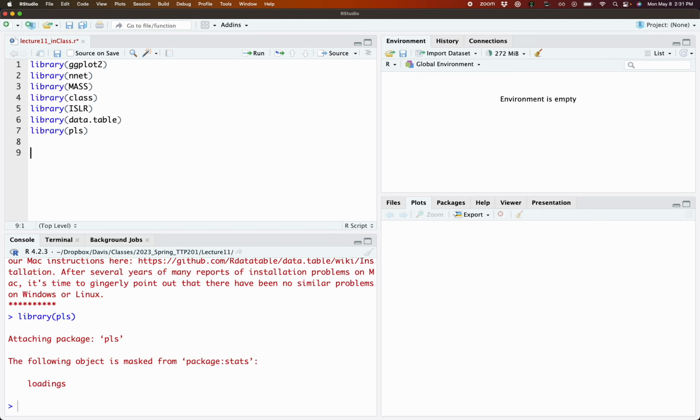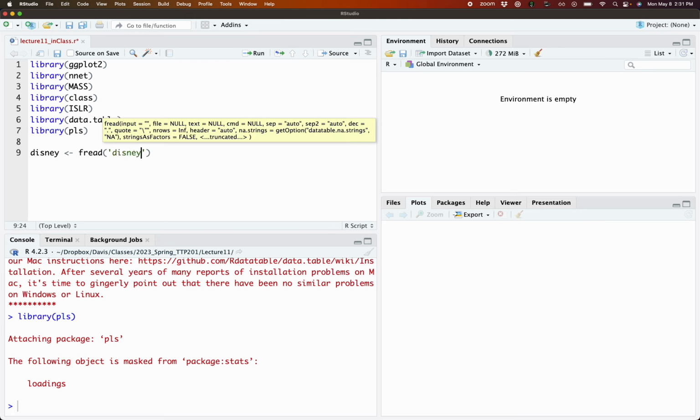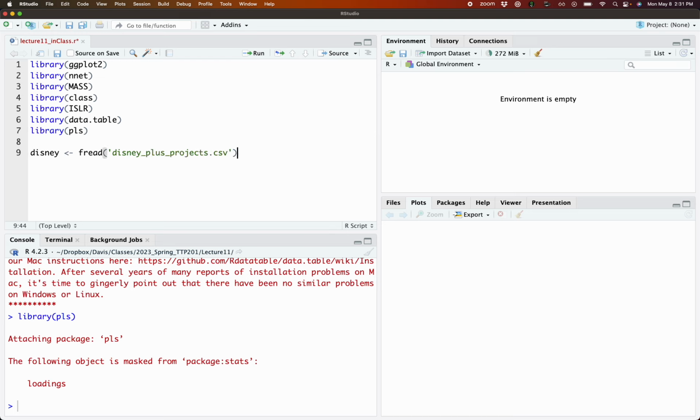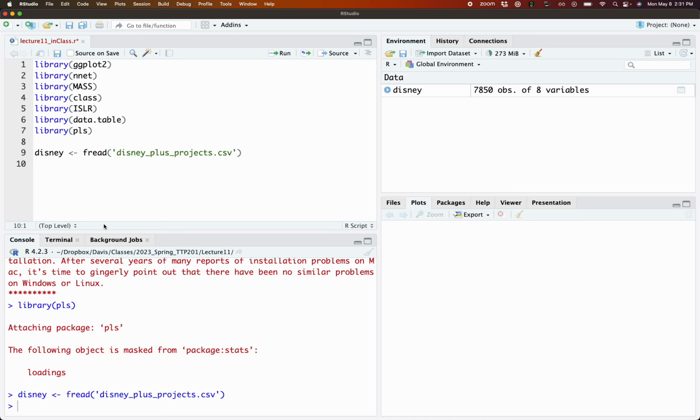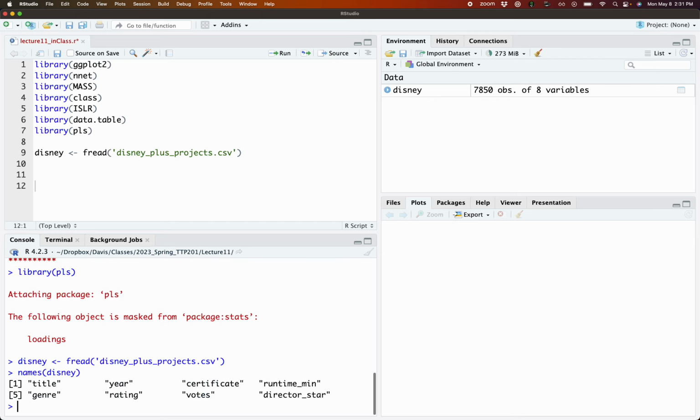And I will have a data set called Disney, which we can take a quick look at. I'll do it down here so that we don't lose all the code.